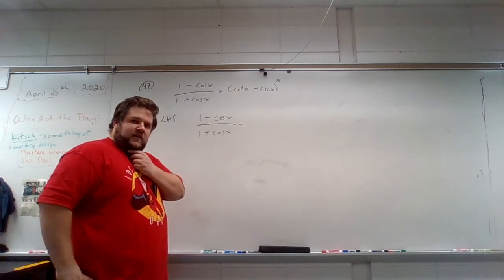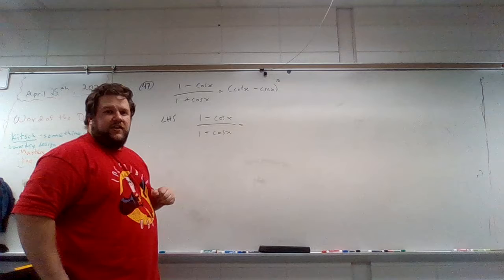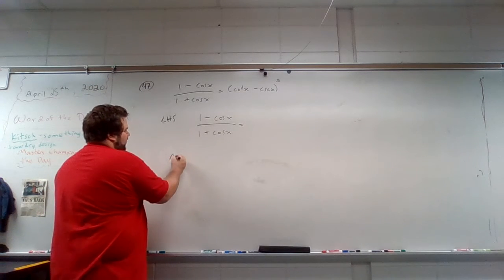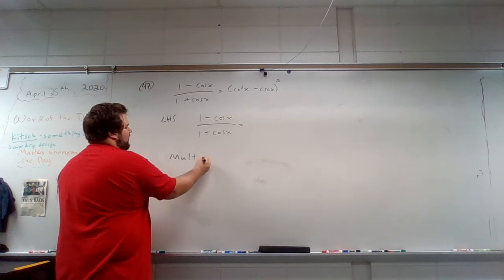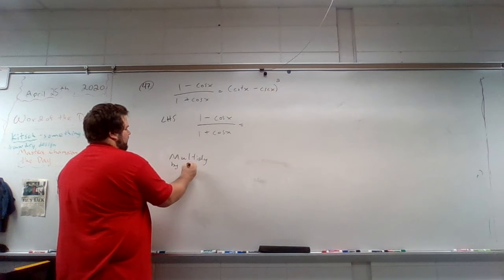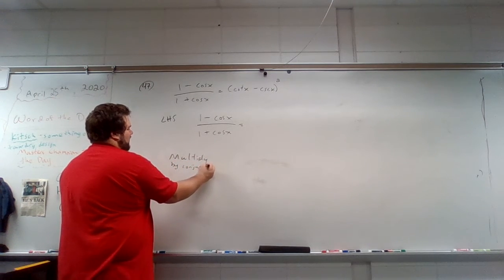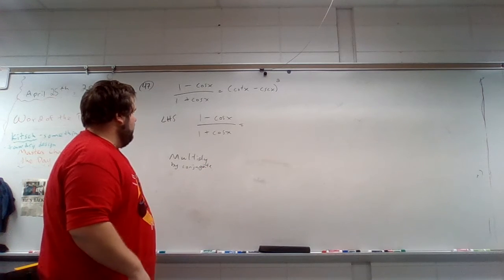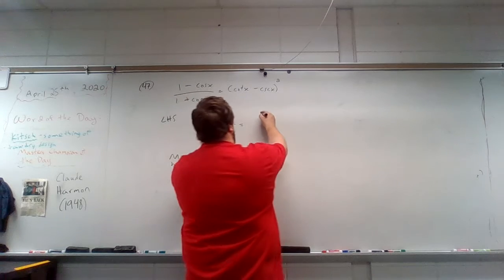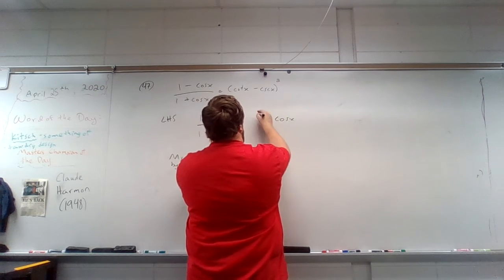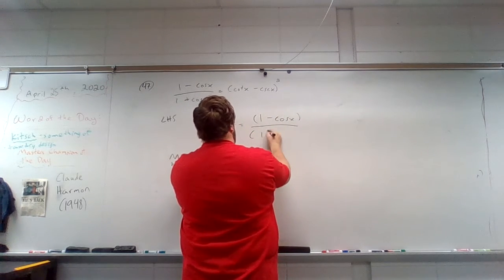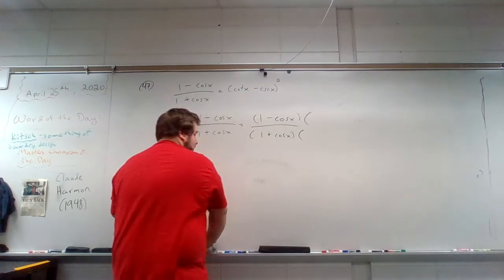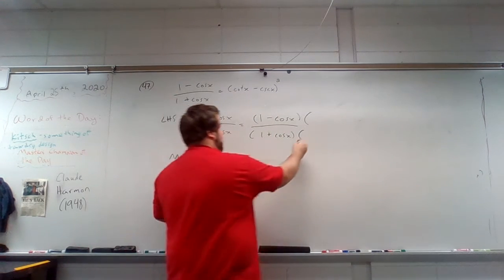So if I have one like this, and I can't do anything else with it, one strategy you can try is to multiply by the conjugate of the denominator. Sometimes also the numerator, but it depends on the question. But on this one, it would be the denominator. My first step would actually be to multiply by 1 minus cosine, because that's the conjugate of the denominator.